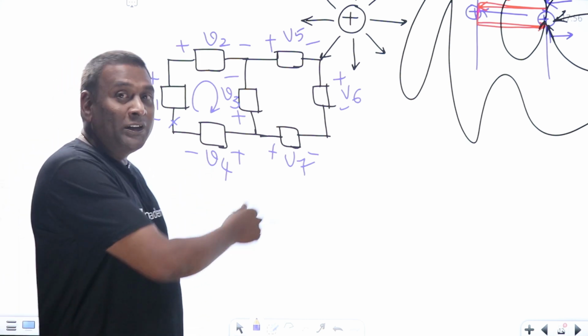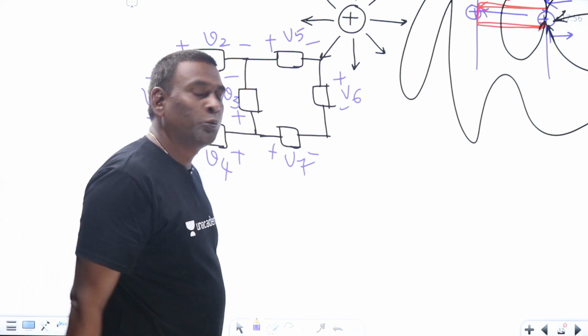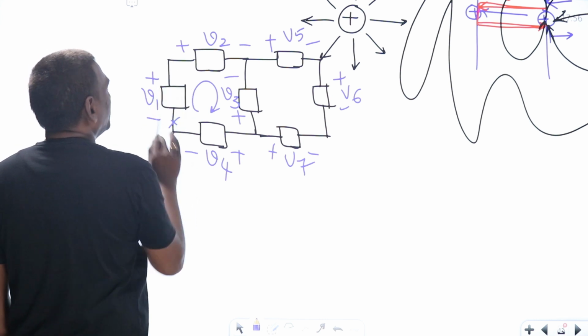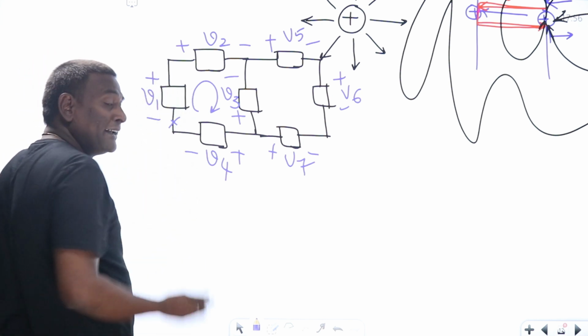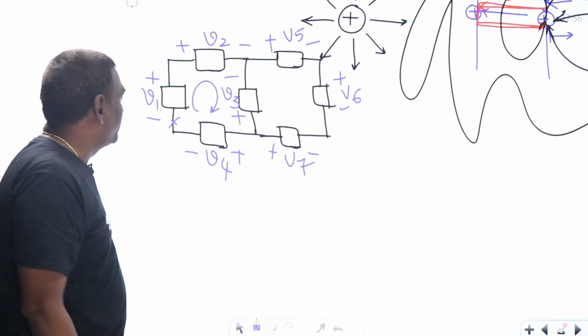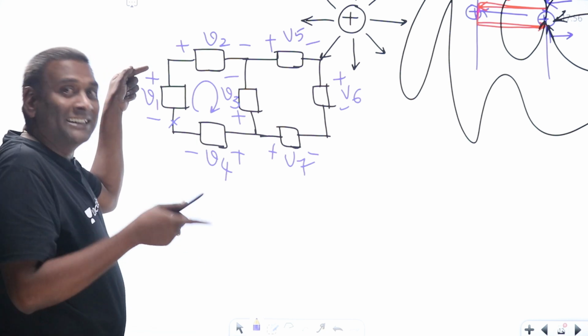As per this only, I fixed KCL as current leaving from the node as positive. See here, minus to plus. Let me start from here. Minus to plus is voltage rise, but I decided to take voltage drop as positive. So minus to plus V1 is voltage rise, which means from here to here, minus V1 is the voltage drop.